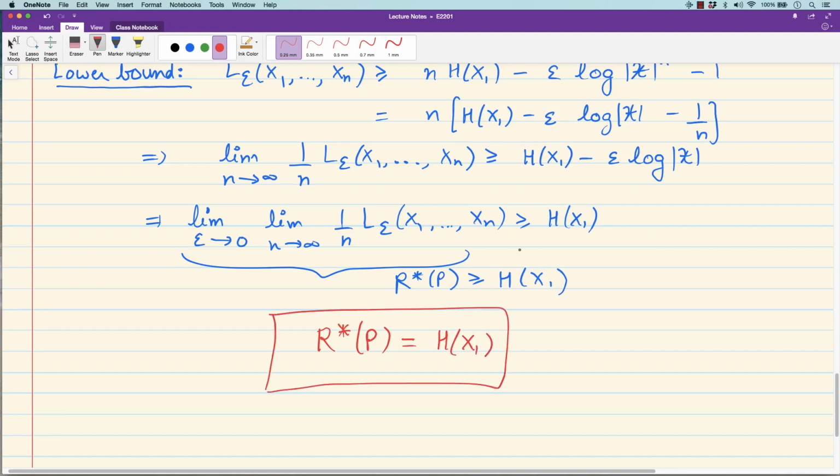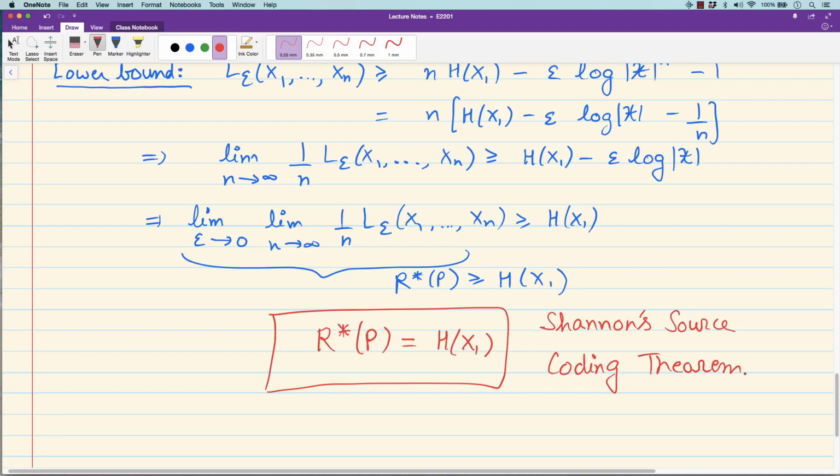And this has a name. It's called Shannon's source coding theorem, which holds for IID sources and for this specific setting.